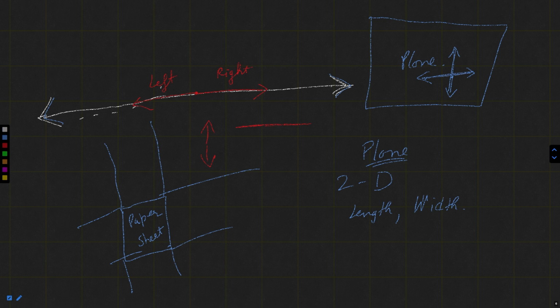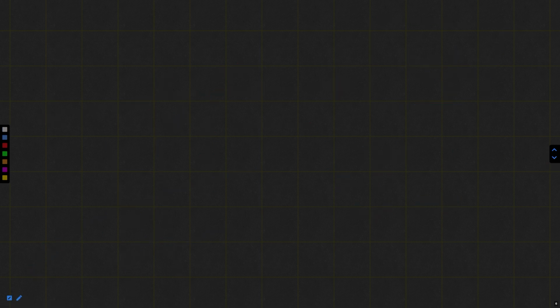I can go left and right, I can go up and down as well, but on a line I can't go up and down, only left and right movements are there. I hope it is clear to you. Or imagine that you are standing on a rope.